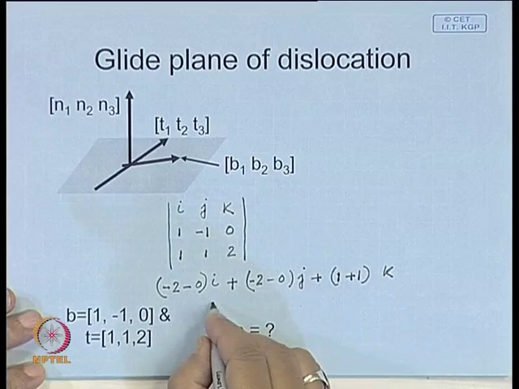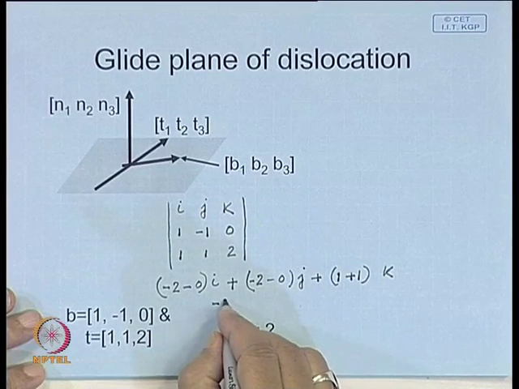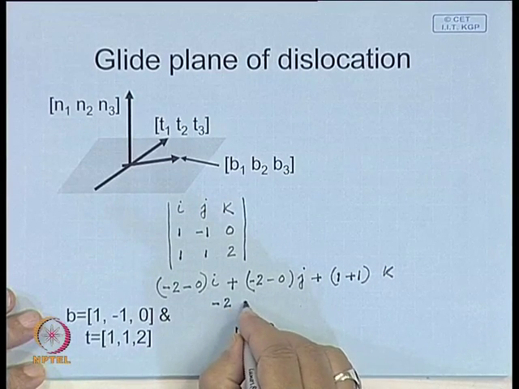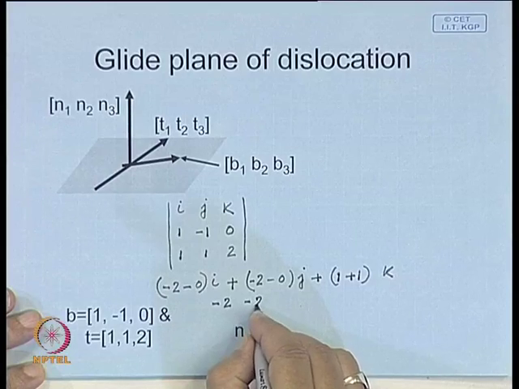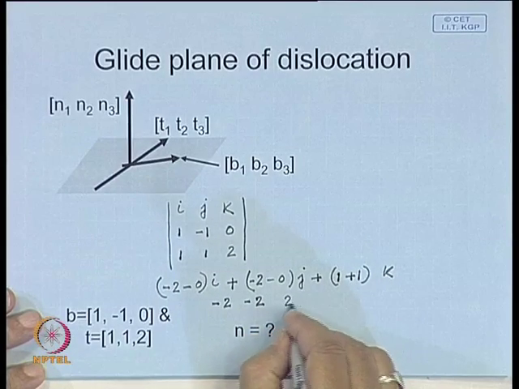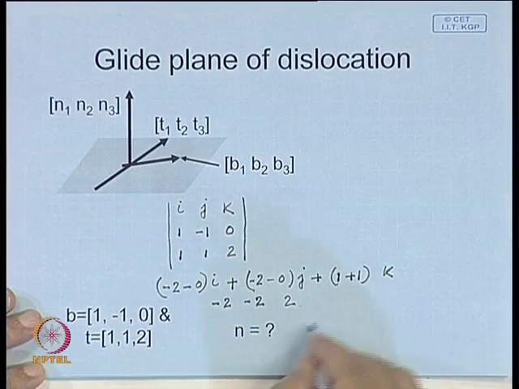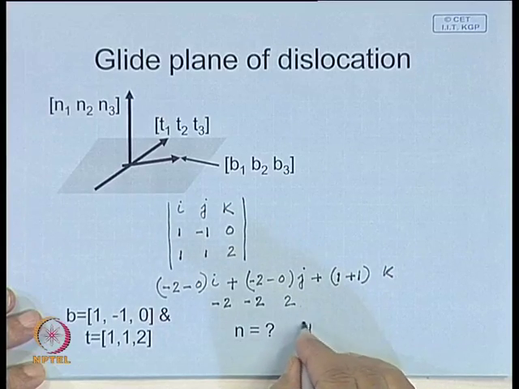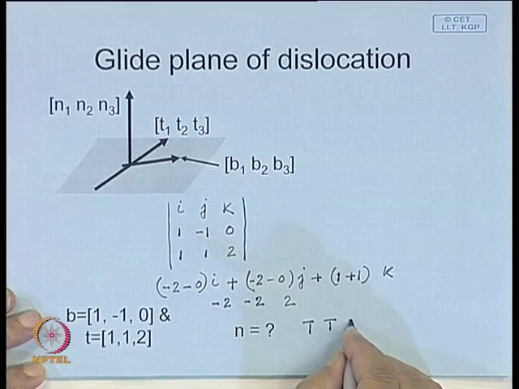So, if you solve this, it actually comes to minus 2, minus 2, 2. So, this n comes out to be 1 bar 1 bar 1.